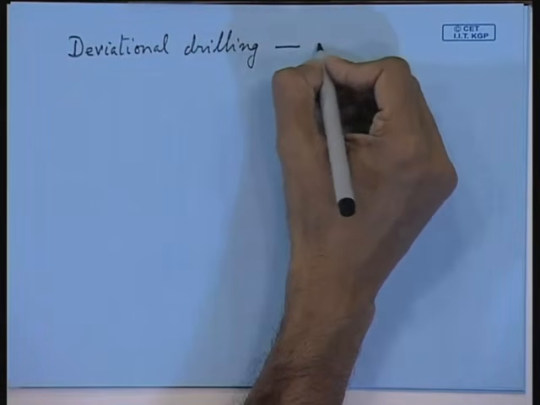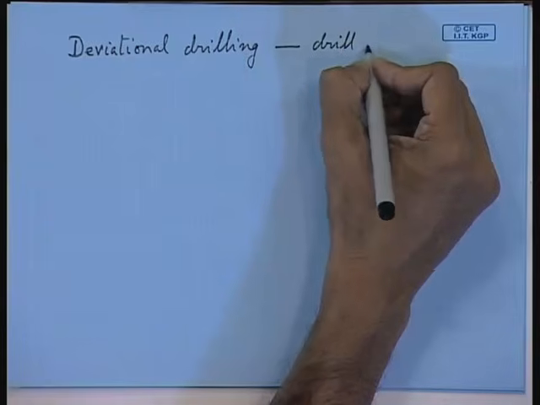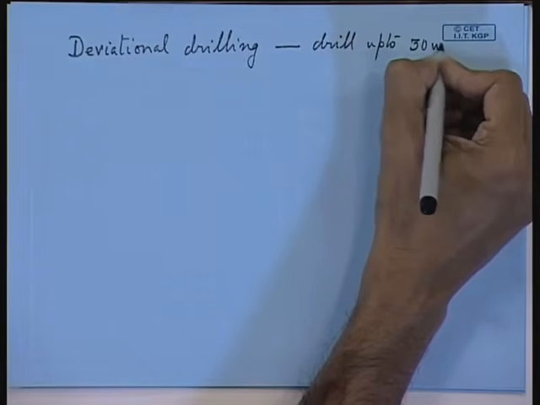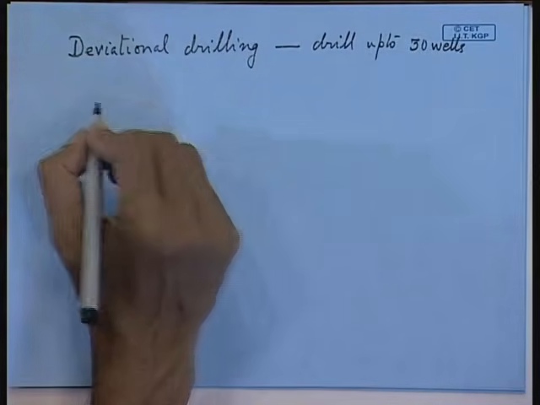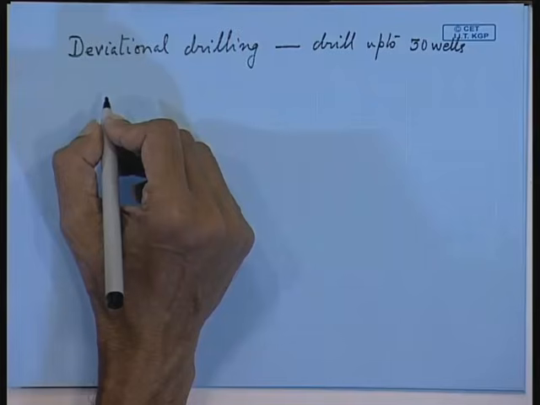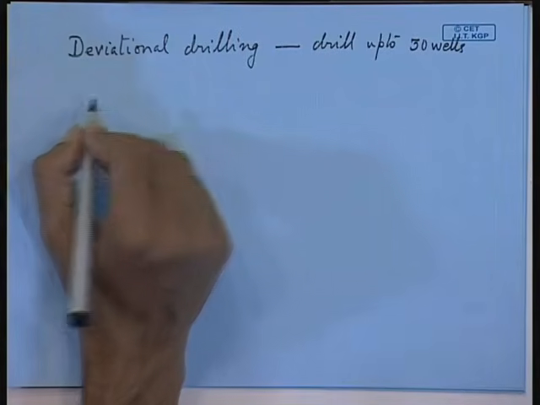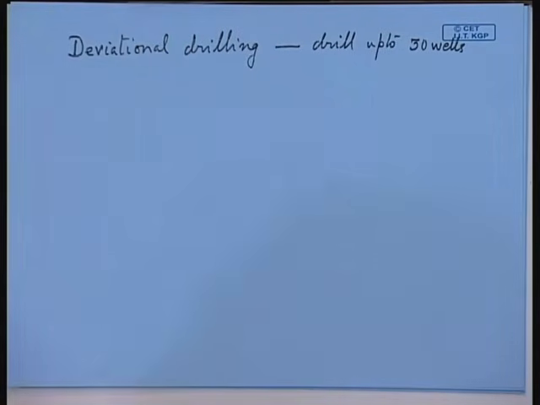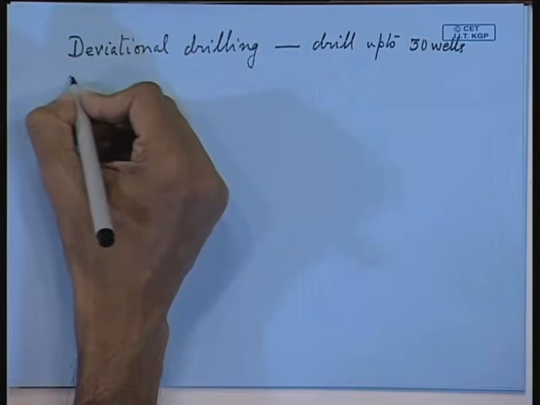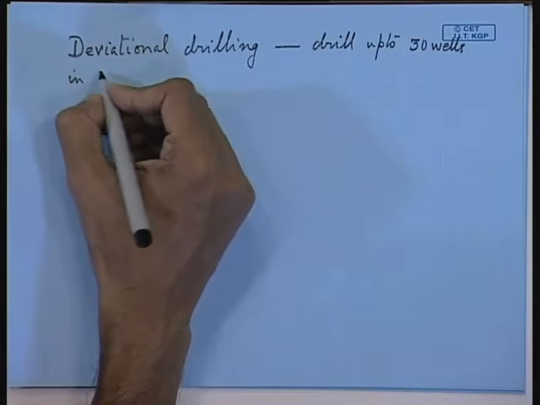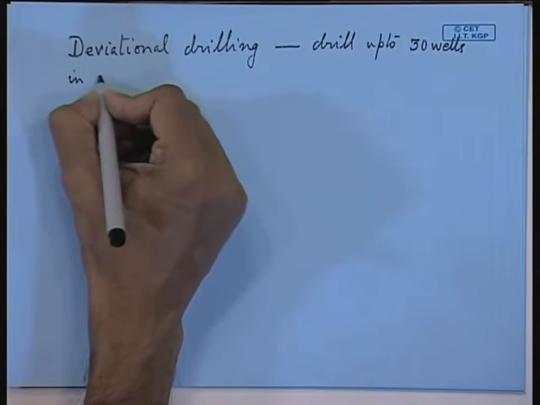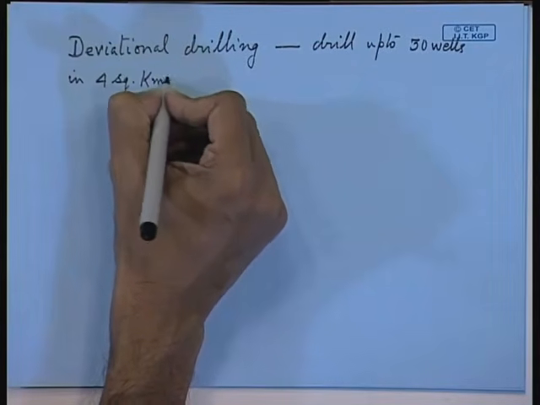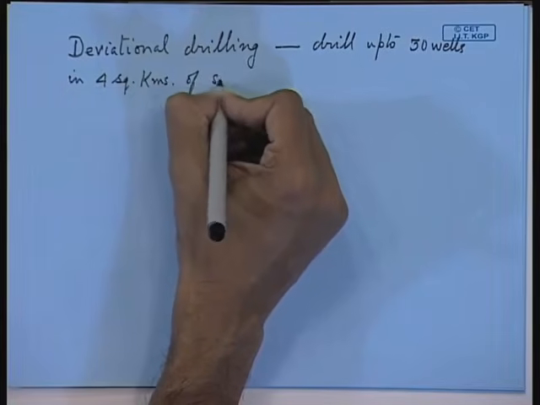With deviation drilling, you can drill up to 30 wells, and you can service as much as within 4 square kilometers of seabed area.